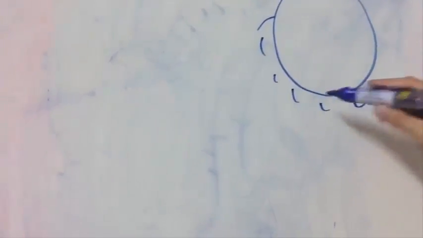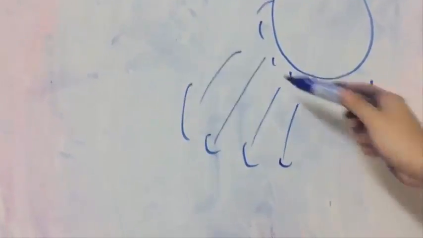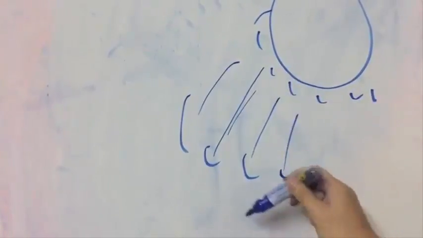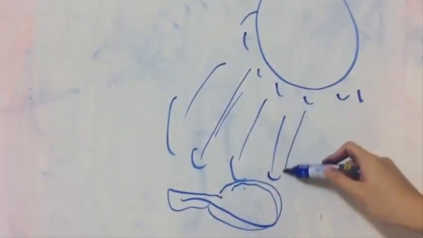This is the sun. Heat transfers through empty space. There is empty space here. It doesn't require matter. It travels through electromagnetic waves to the frying pan. That is why the frying pan is hot, because of radiation from the sun.